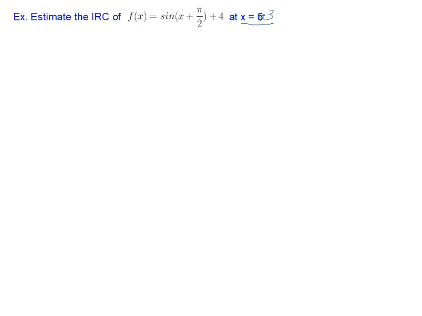So why don't we go ahead and find an expression for the instantaneous rate of change first, and then we can do our substitution. The advantage of doing it that way is that if you have to find a whole bunch of instantaneous rates of change, you've got an equation at the end that you could use. So the instantaneous rate of change here, as we said before, is approximately equal to f at x plus h minus f at x, all over h.